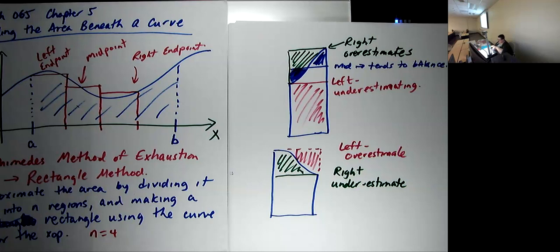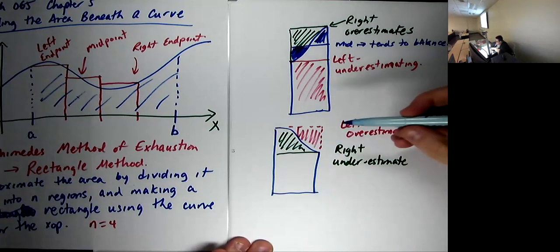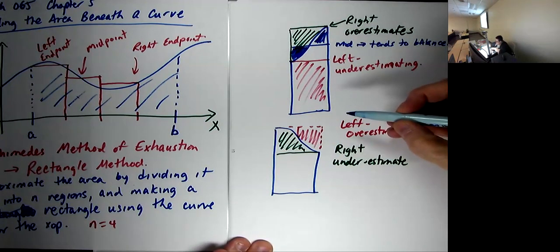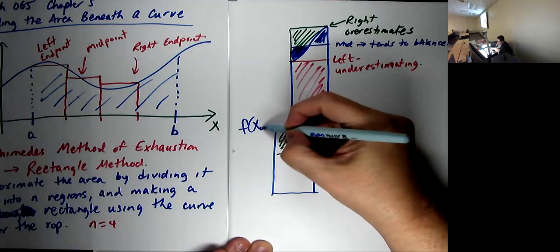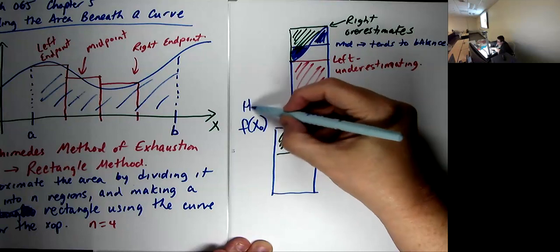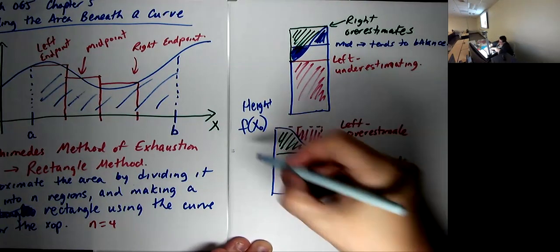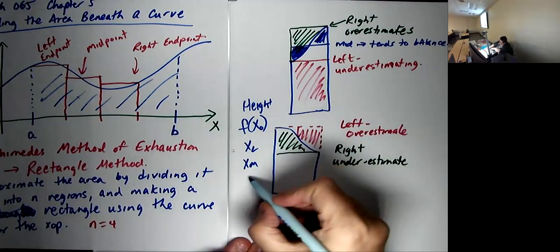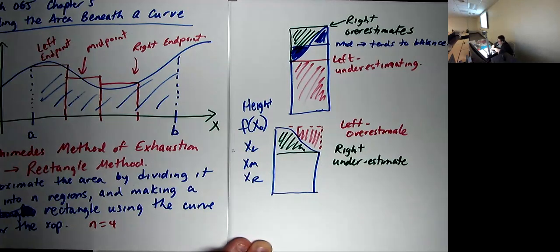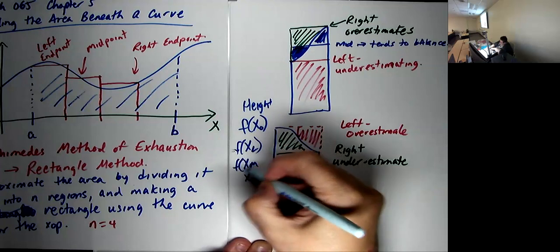And if we wanted to decide, how wide is each box, here was the height in every case: f of x at some point x naught is the height. Whether it's xl for left endpoint, xm for the midpoint, or xr for the right endpoint, we have f of one of those. That's the height.